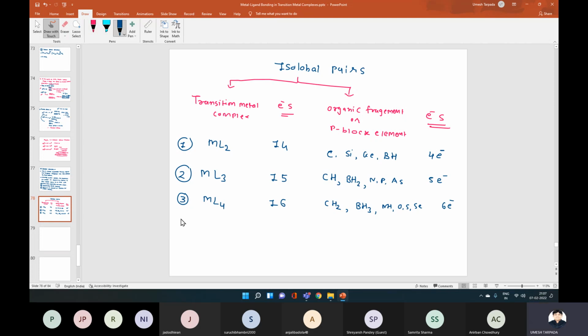Now the complex is ML5 type, which has 17 electrons, so it is isolobal with CH3, 4 plus 3, 7, or you can have OH, oxygen is group 16, so OH, 16 plus 1, 17, SH, all the halogens.